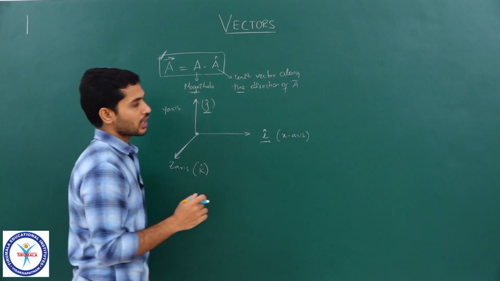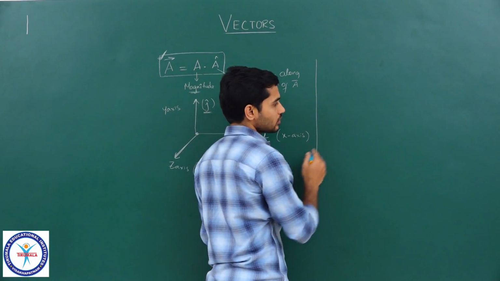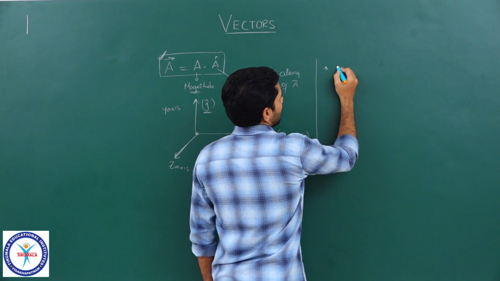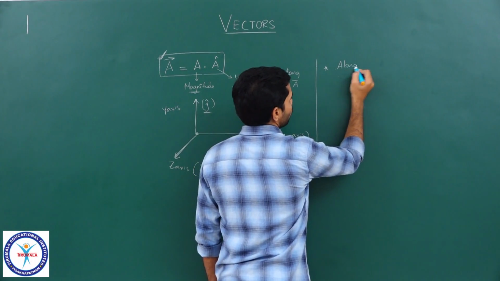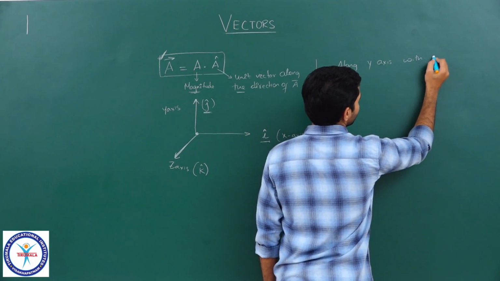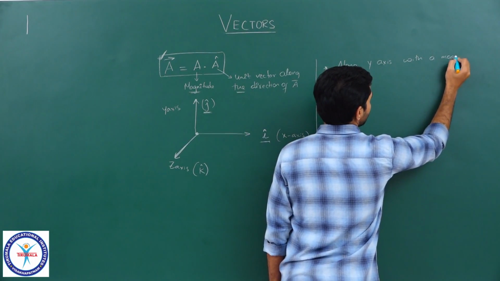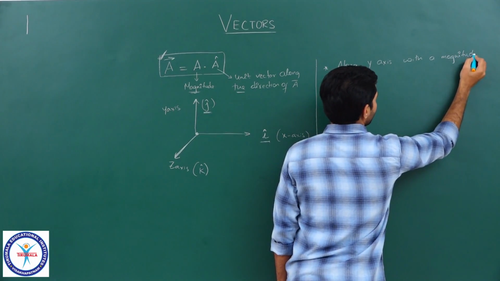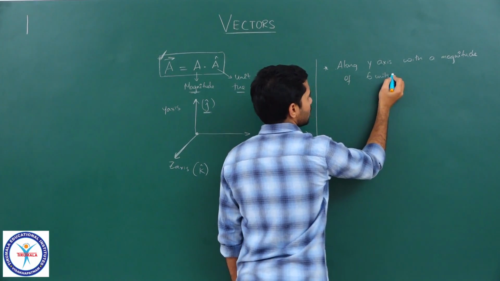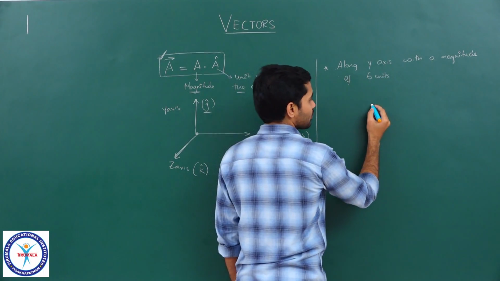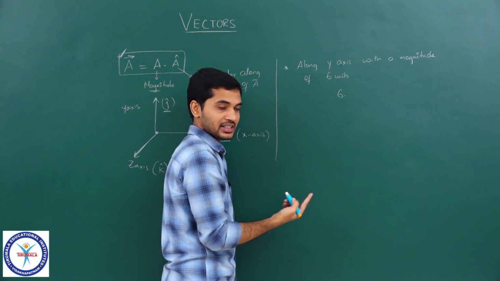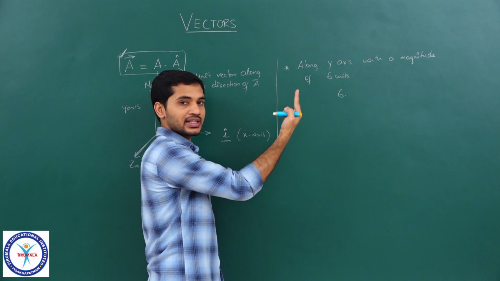So which means, if I have to represent a vector along y axis with a magnitude of 6 units, how do I represent it? So I will represent it like this: 6 is the magnitude of that vector multiplied by what is the unit vector in the y direction?